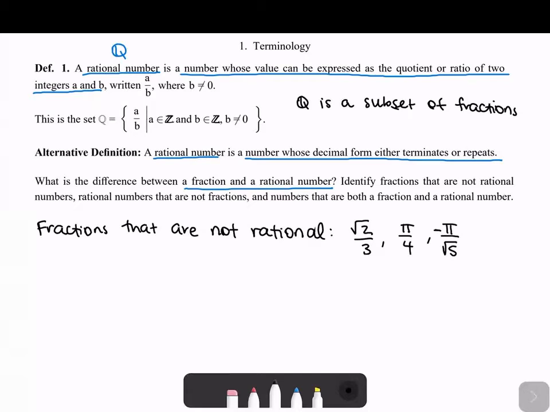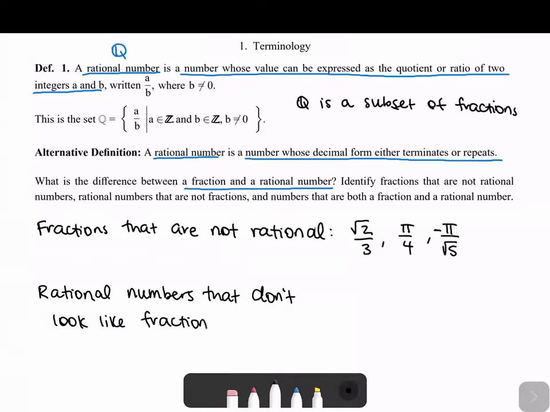So we also have rational numbers that don't look like fractions. So you remember, if we're saying that the rational numbers is a subset of the fractions, remember that means that every rational number is a fraction.